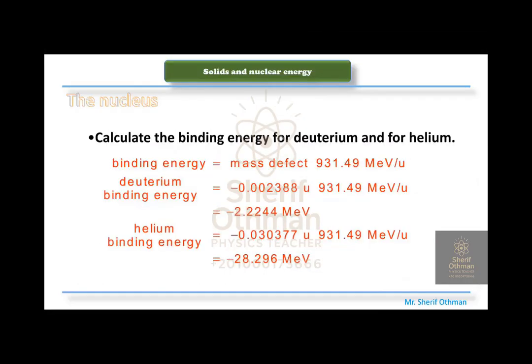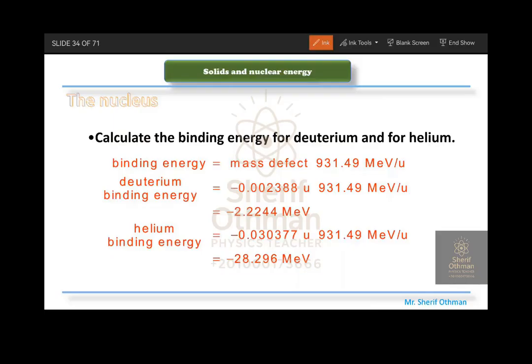Then comparing them, the binding energy is equal to mass defect multiplied by 931.49. So I'm going to multiply the deuterium mass defect, in atomic mass unit, by the conversion ratio into energy.